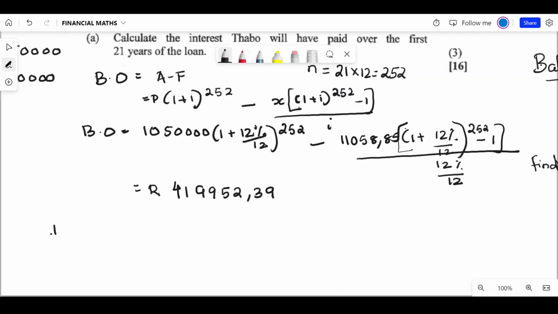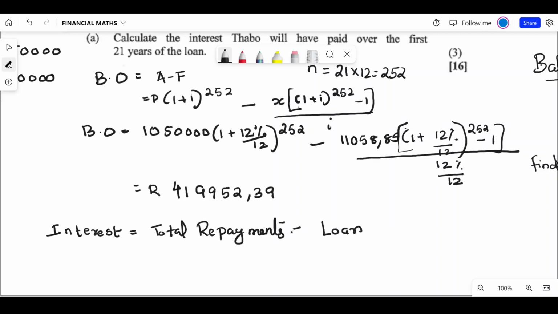You can write the question number there. Let me write the formula for now. Total repayments minus loan. That is the formula for finding the interest: what you paid and what the loan amount was.